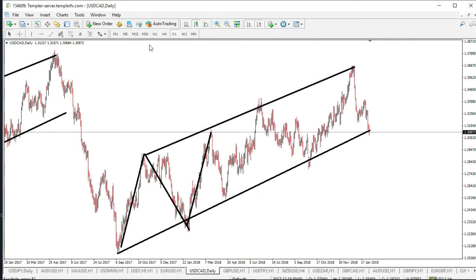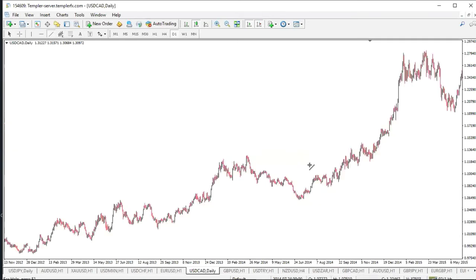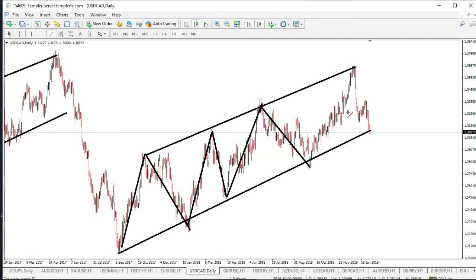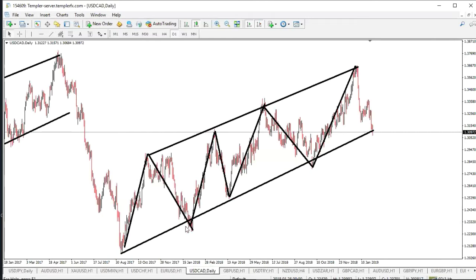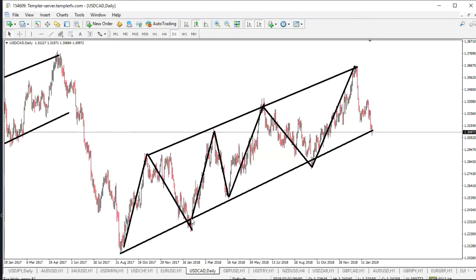We're having higher lows and higher highs, then a higher low, and another higher high right here, and a higher low and higher high to this point here.